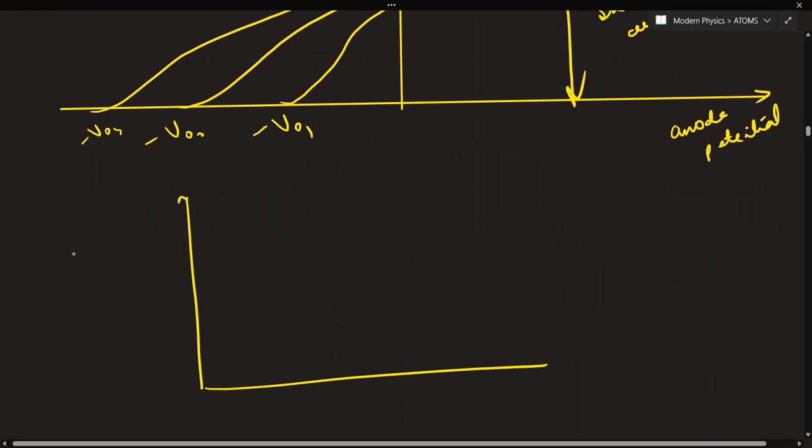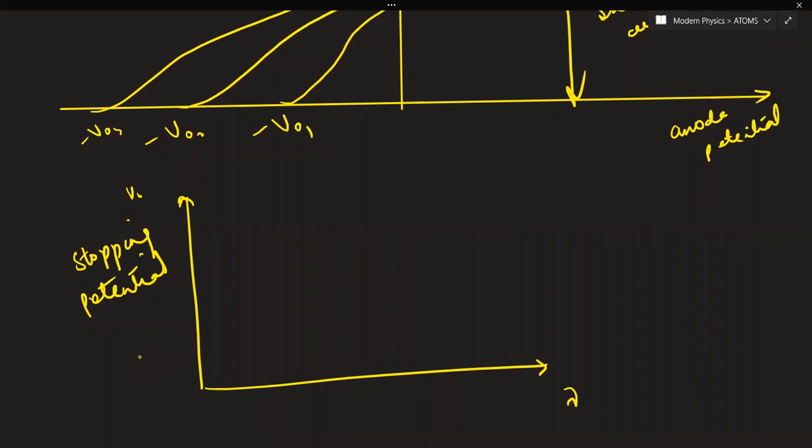The last graph regarding the stopping potential and the frequency that I was talking about. If this is your stopping potential V naught, and this is the frequency of incident radiation, then if you plot a graph between the frequency of incident radiation and the corresponding stopping potential for different metals, you get a straight line.